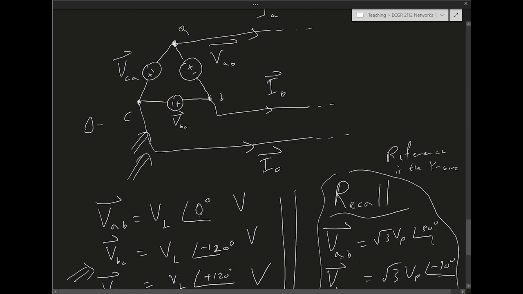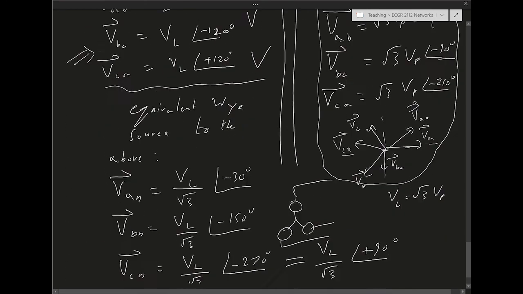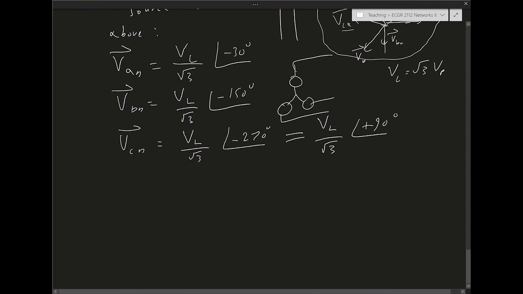Because we already know how to solve three-phase circuits with Y sources, and we know how to convert from delta to Y. So all we need to do if we encounter a problem with the delta source is to convert the delta source to a Y source, and that's it. We're done. So let's do an example on that.